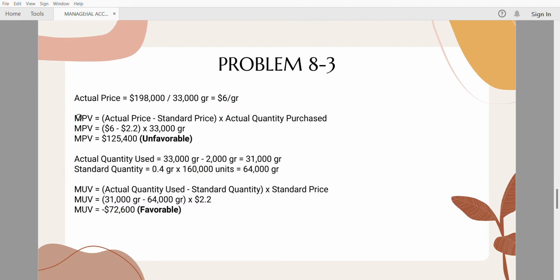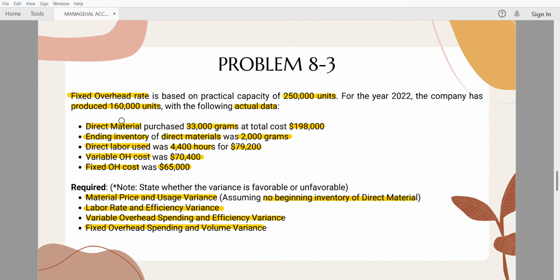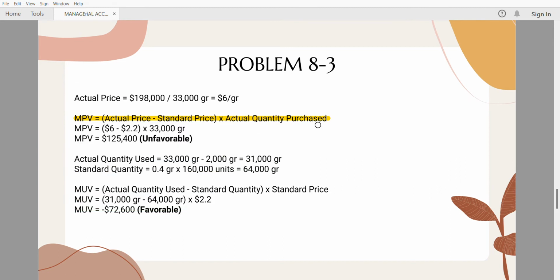So MPV, we have the formula of this: actual price minus standard price times actual quantity purchased. Go back and see the actual price. We still haven't had it because they only give us the bulk amount. So we need to find it by dividing 198,000 by 33,000 grams. We get $6 per gram, and we get $6 for the actual price.